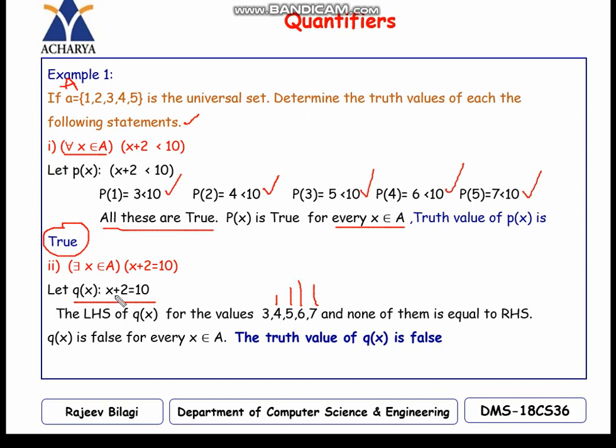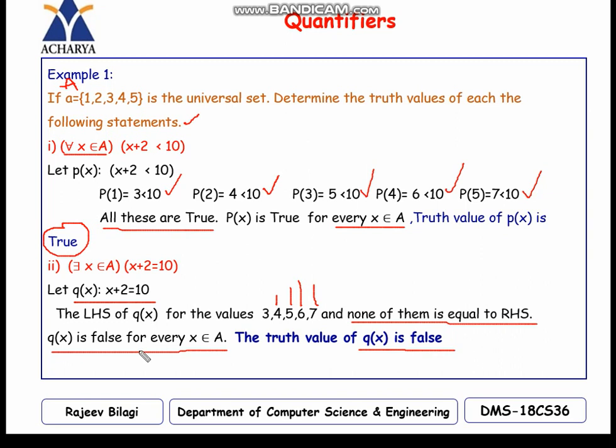That is, 3, 4, 5, 6 and 7 are not equal to 10. So none of the values are equal to the RHS. So Q of x is false for every value of x that belongs to A. So hence the truth value of Q of x is false.